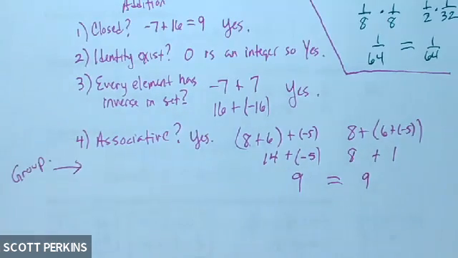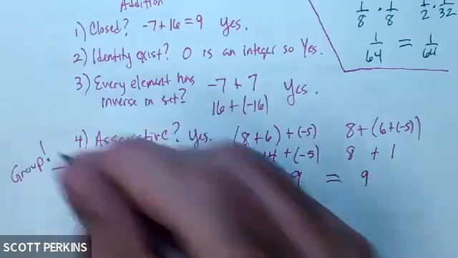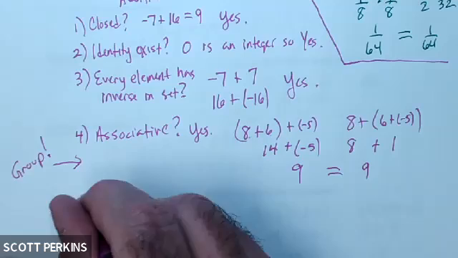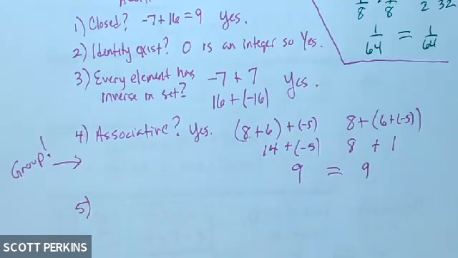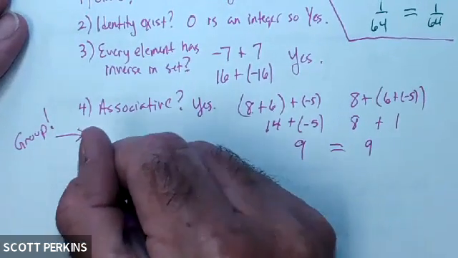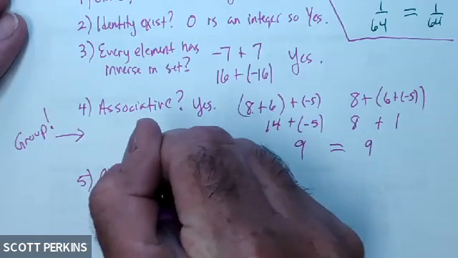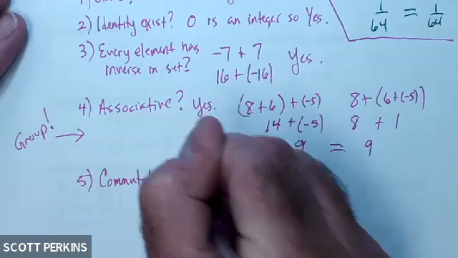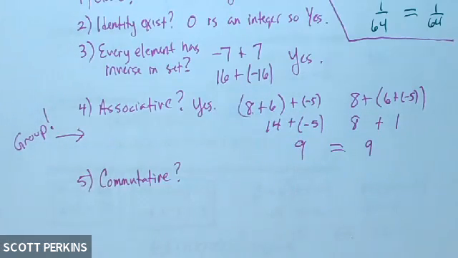So we can go to the last part of this. You can't be a commutative group if you're not a group. Okay, so if at any point we have failed, the answer is no. You have to first be a group before you can do step 5. And the step 5 is, is it commutative? Well, again, I told you could take this to the bank earlier. Is addition commutative? Yes.